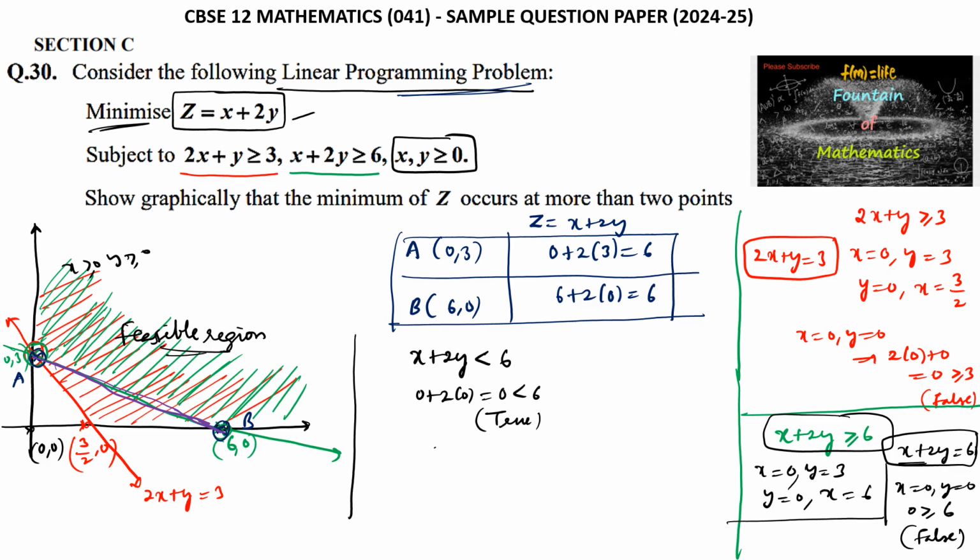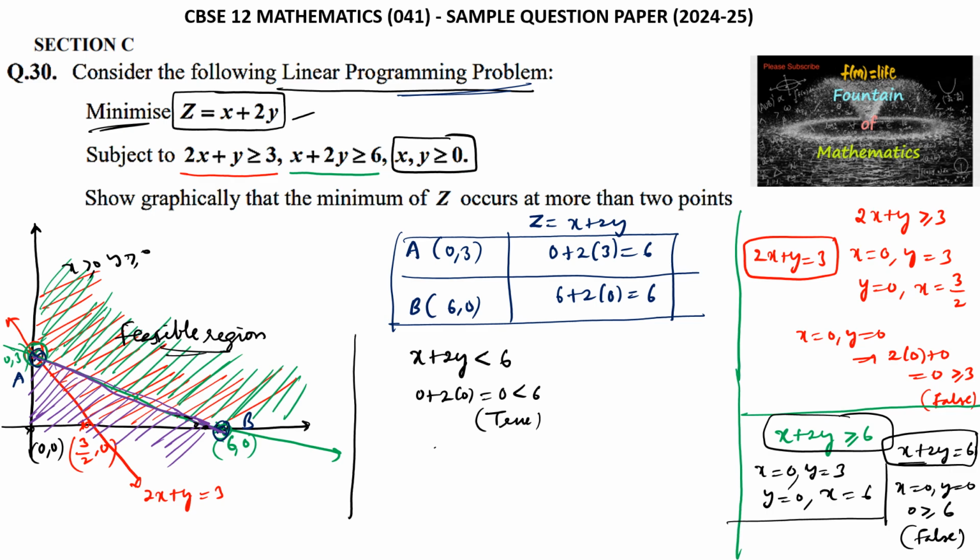So the solution for this inequality is towards the origin, and it does not touch the line because it is strictly less than 6.